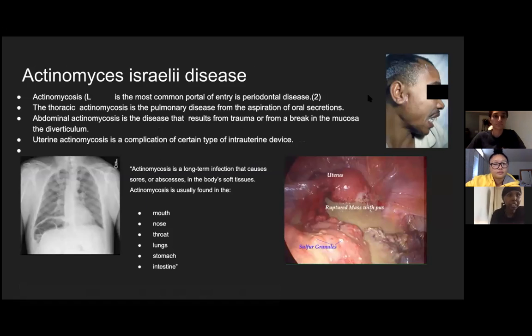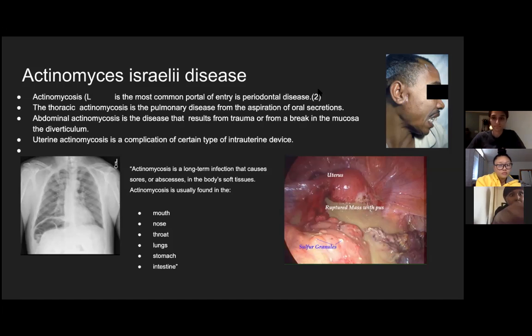Actinomyces israelii disease has lumpy jaw, which is the most common portal of entry into the body, as you can see on the left side of this picture. And also it has thoracic actinomycosis, a pulmonary disease from the aspiration of oral secretions. The abdominal actinomycosis is the disease that results from trauma or from a break in the muscle, which you can see on this picture on the right side.